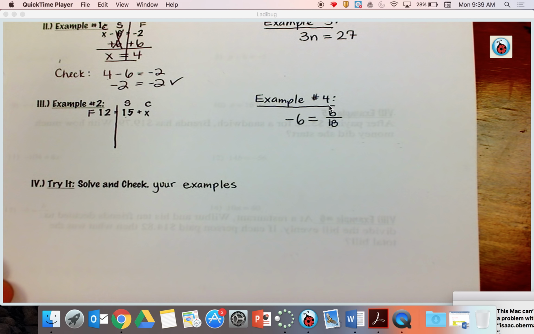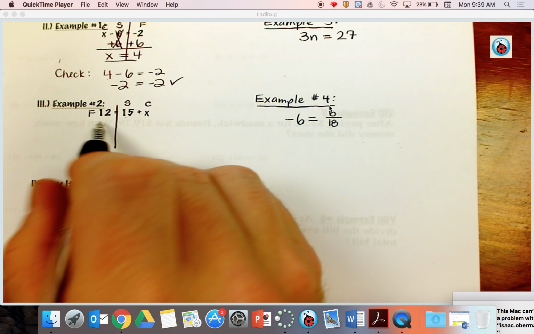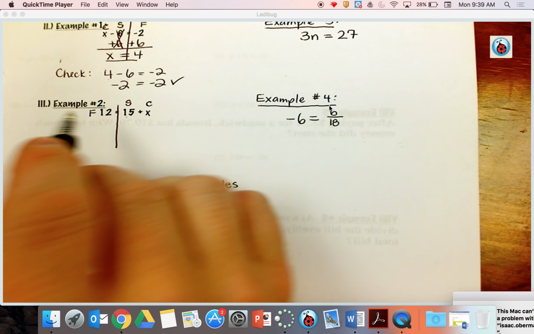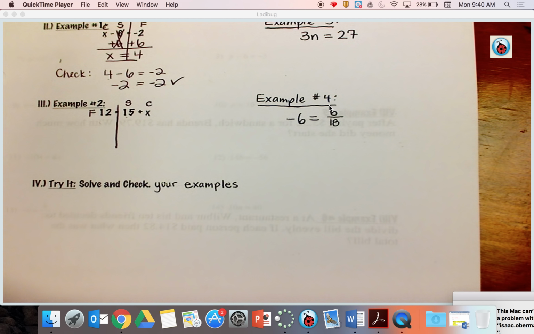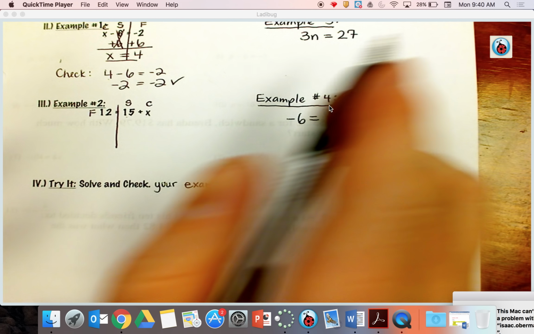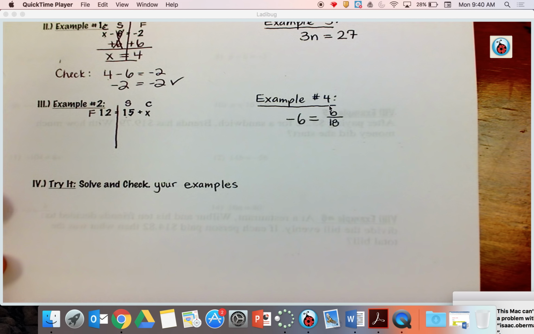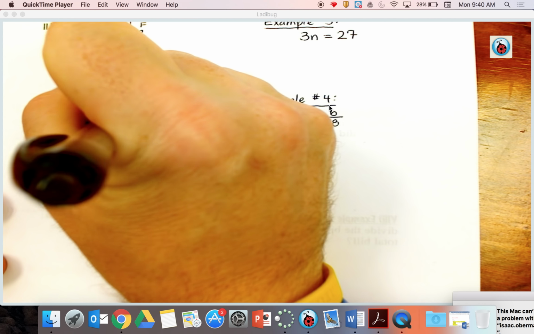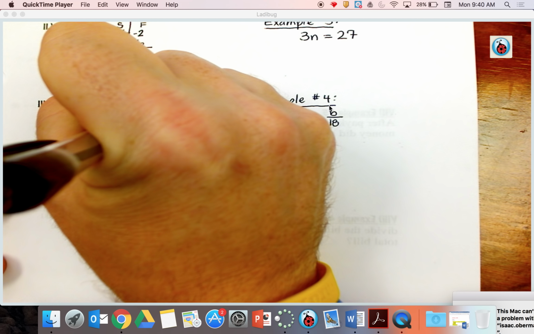Now all I need to do is move my start value to my finish. If I can move my start value to my finish, I have my equation solved. So how do I move that to get it balanced out? Well, it's a plus 15 right now, so to do the opposite of plus 15, I'm going to subtract 15 on both sides.